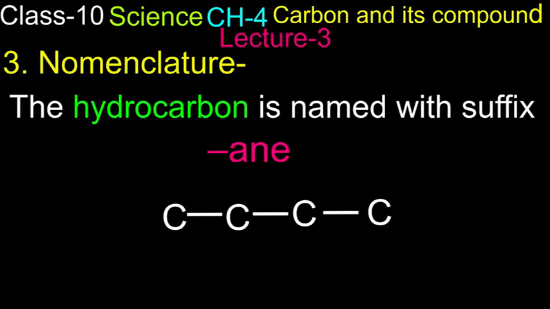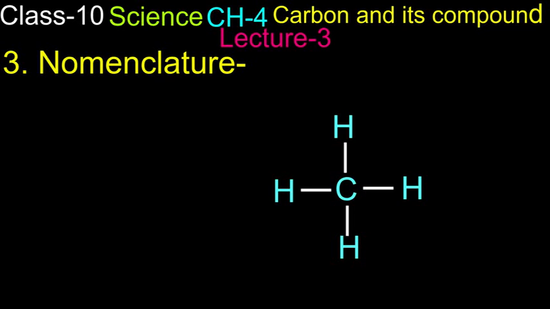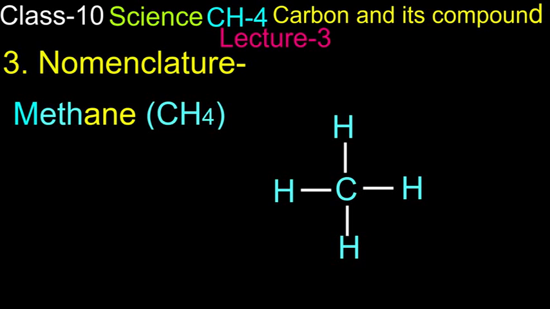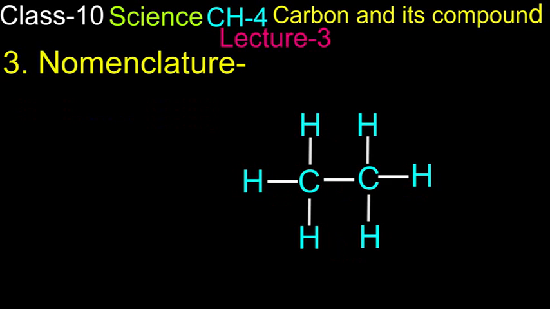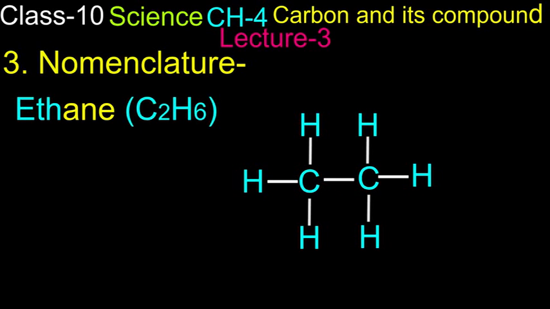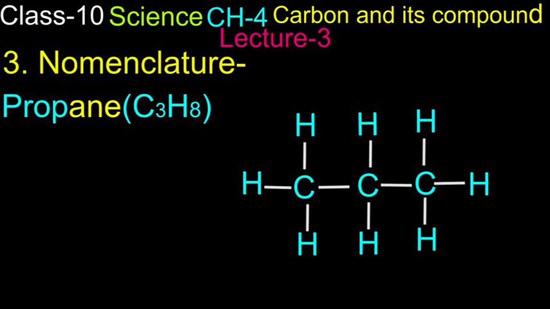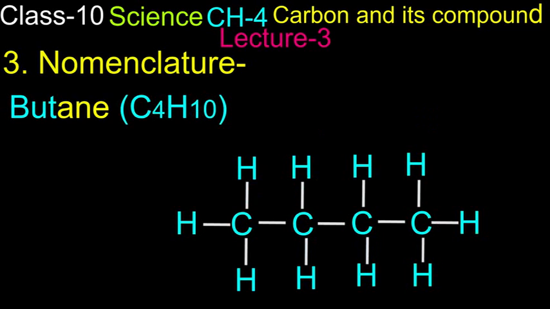For example, if carbon is 1 and all 4 are hydrogen atoms, then it is methane. If number of carbon atoms is 2, all others are hydrogen atoms and these are singly bonded, then it is ethane. And if 3, propane, and 4, butane, and so on.